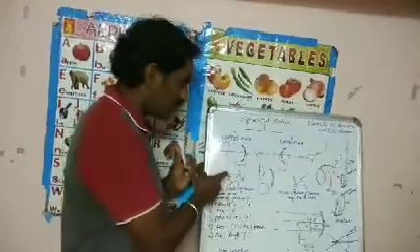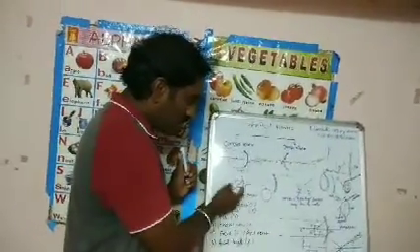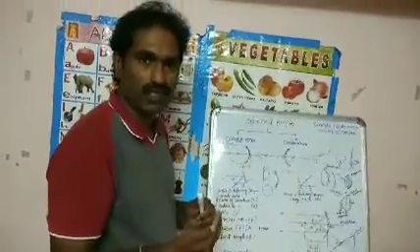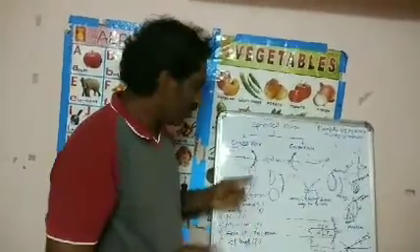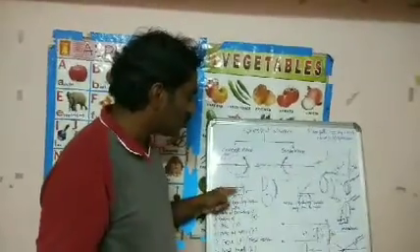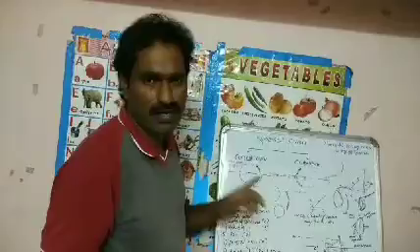This is the center of curvature, C. Are you getting my point? So in the concave mirror, the reflecting surface is always towards the center of curvature and the outer surface is painted.